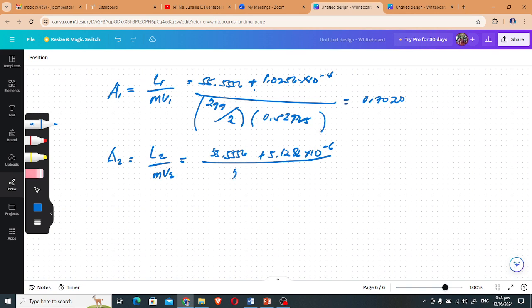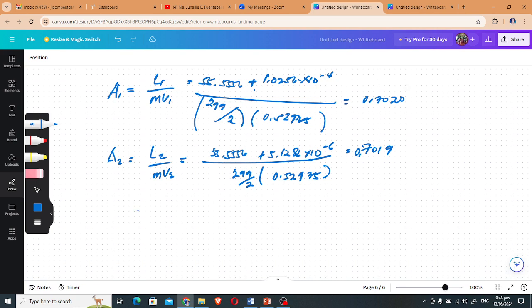For the slope, the same as on top, but this time you're going to multiply it with 0.52935. So you'll have an A2 value of 0.7019, almost the same.